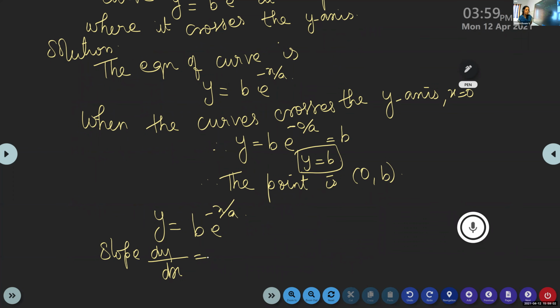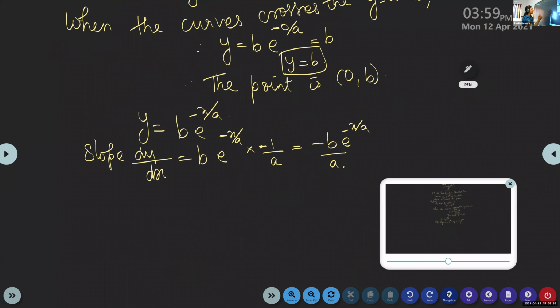What is the derivative of e raised to x? The derivative of e raised to x is e raised to x. So here, for b into e raised to minus x by a, the derivative is b e raised to minus x by a into minus 1 by a, so it is minus b e raised to minus x by a, by a.